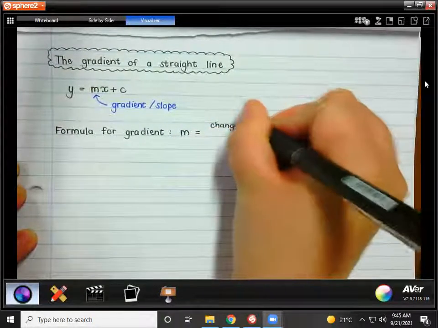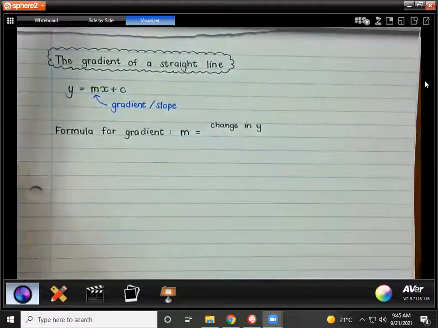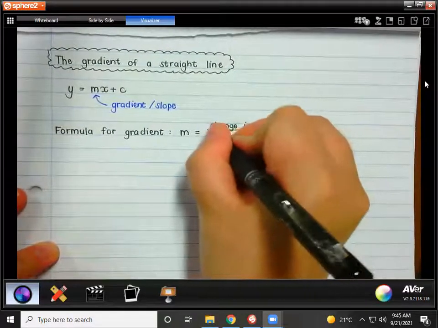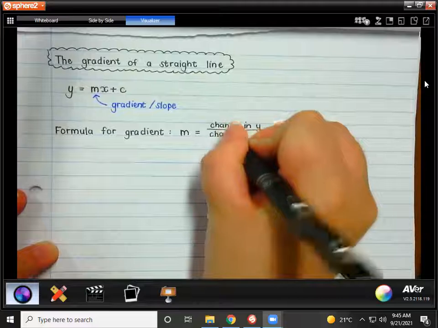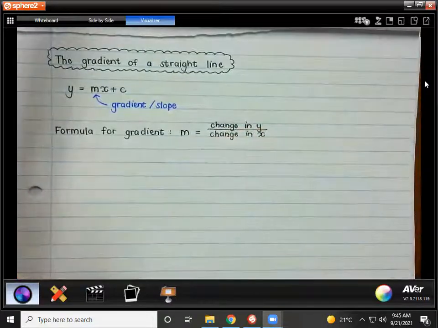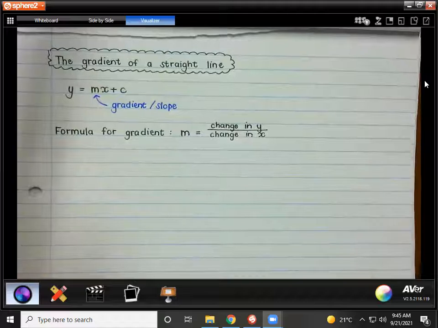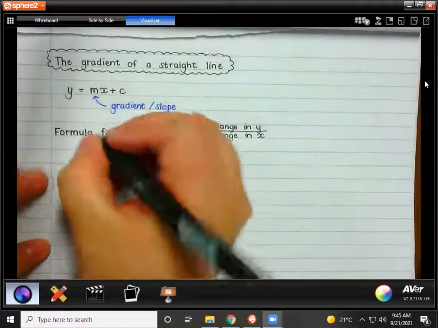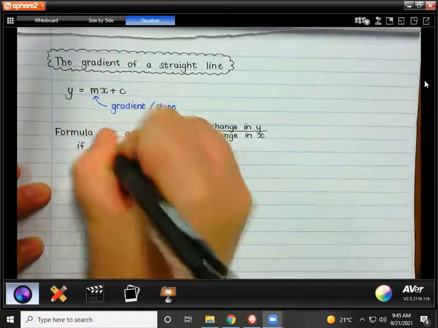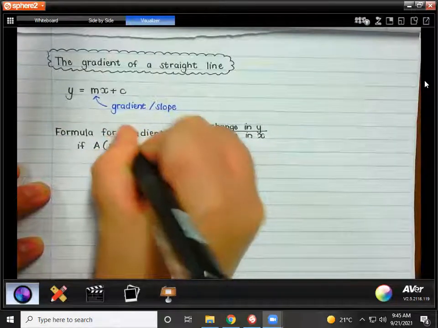The gradient is equal to your change in y over change in x. So if you have 2 points, right? I'm going to write it like this. I'll explain to you now what I mean by this.